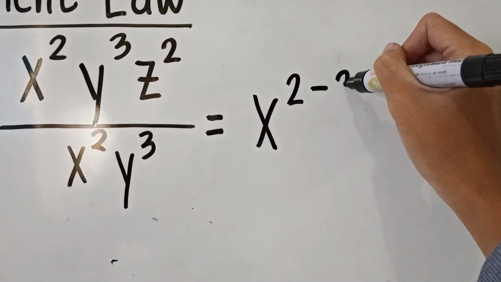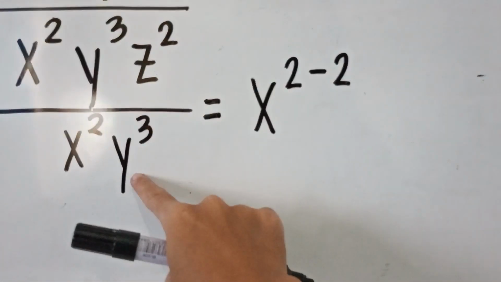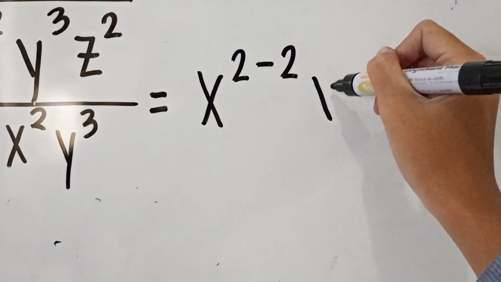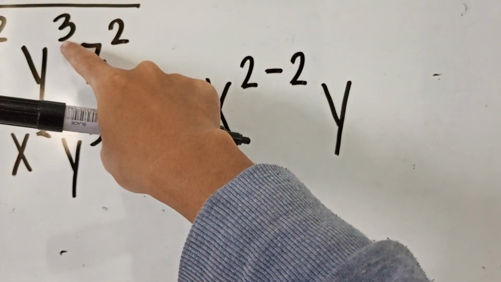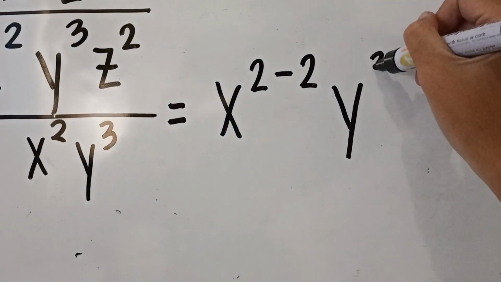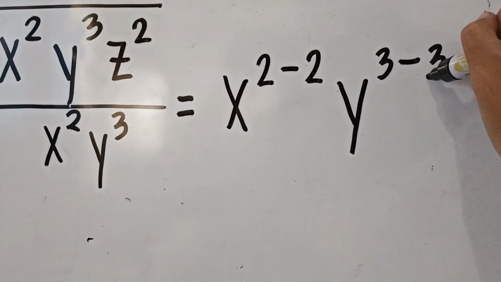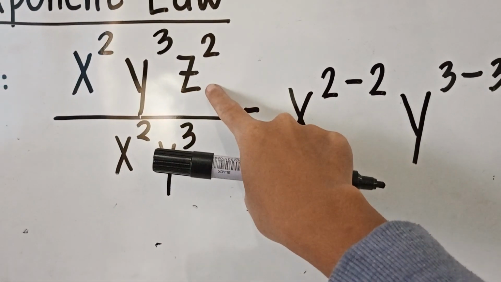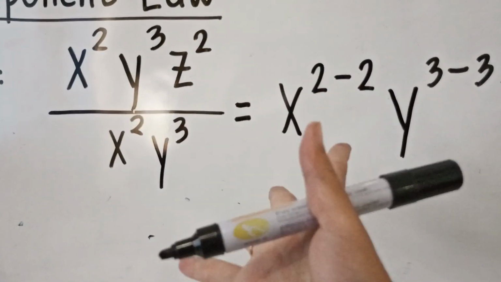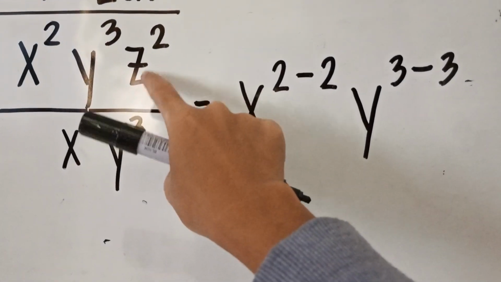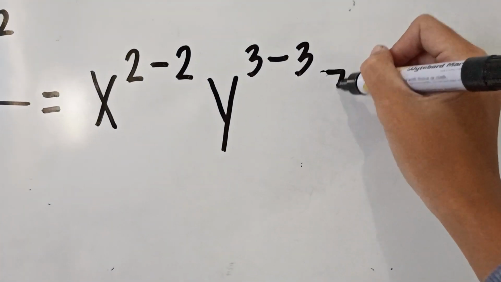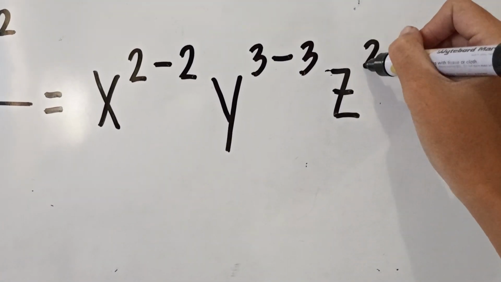Next variable is y, and then we are going to copy 3. Then subtracted with another 3. Next, we're gonna have the variable z, and since at the lower part there is no variable z, so we're just gonna copy z squared as it is.